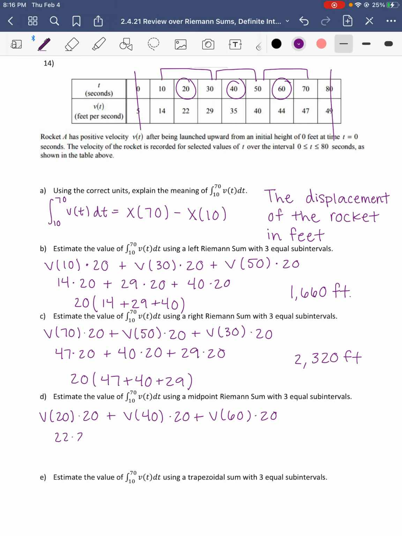So that would be 22 times 20 plus 35 times 20 plus 44 times 20. And then using the calculator, let's see what we get. So that would give you 2,020 feet.